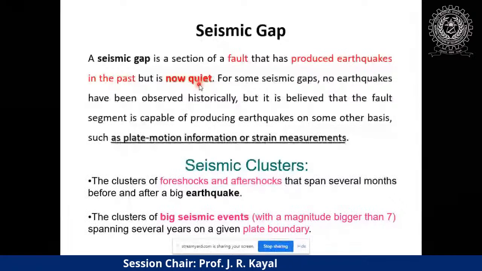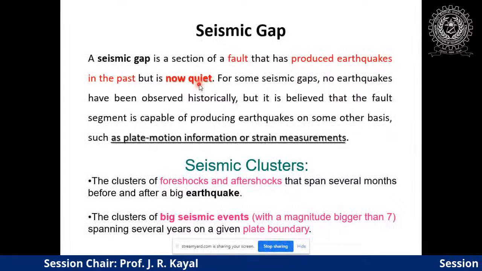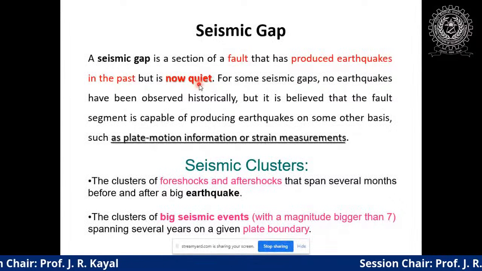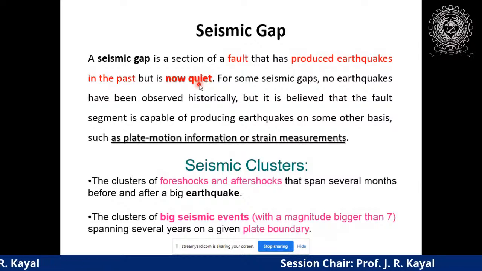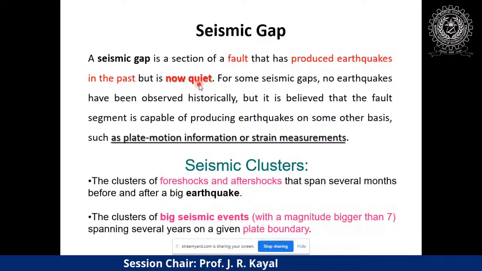Seismic gaps are a part of a fault for which we have a record of a major earthquake in the past, but now it is quiet.